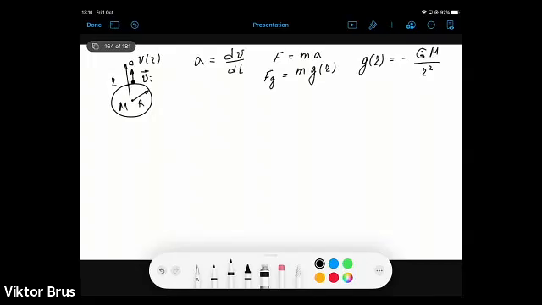Minus here stands for the fact that the gravitational force is attractive, so the gravitational field is pointed towards the center of the planet.